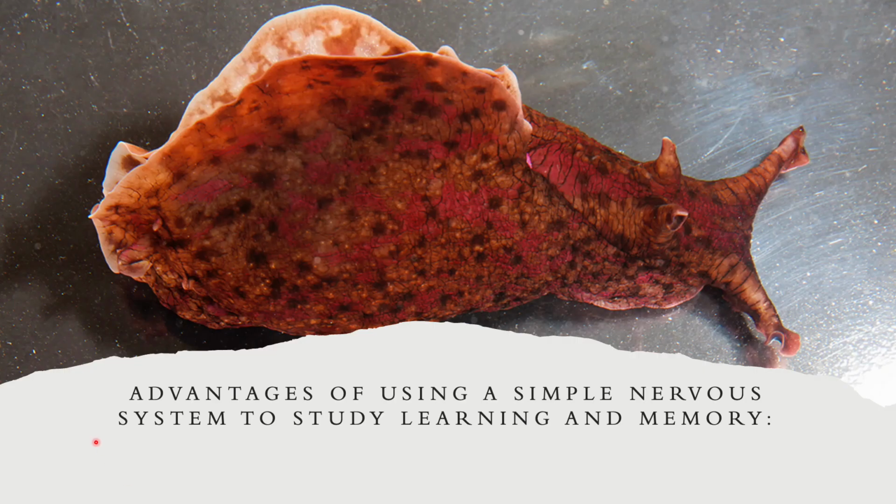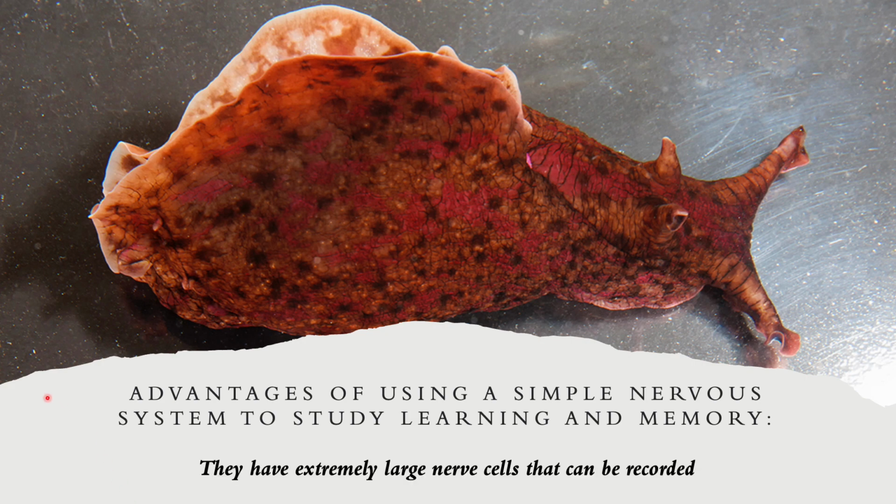There are many advantages of using a simple nervous system to study learning and memory, a key one being that the Aplysia californica have extremely large nerve cells that can be recorded. This allowed Eric Kandel and his research teams to study learning and memory in the Aplysia californica.